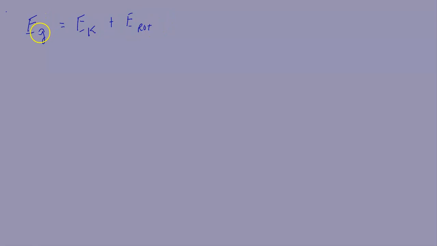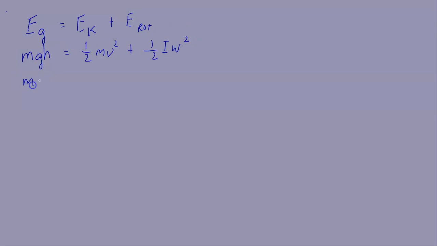So energy is conserved. Potential at the top turns into kinetic plus this rotational kinetic energy. So we got mgh equals 1/2 mv squared at the bottom plus 1/2 I omega squared.